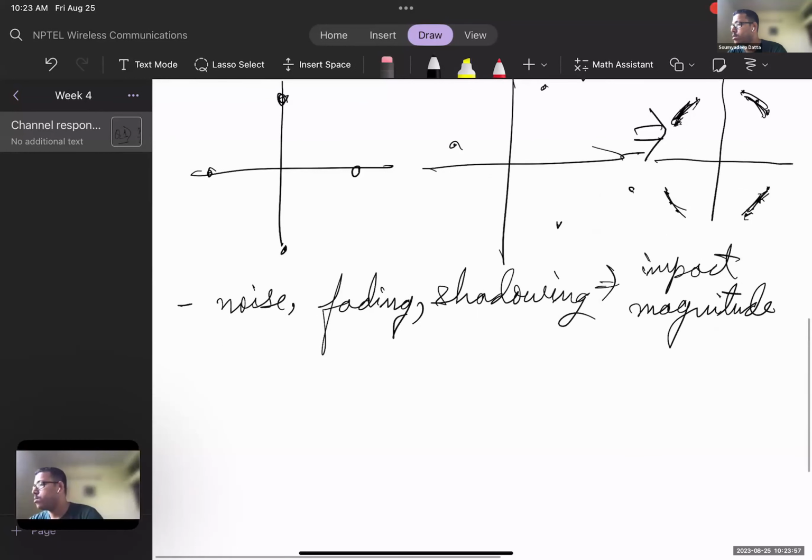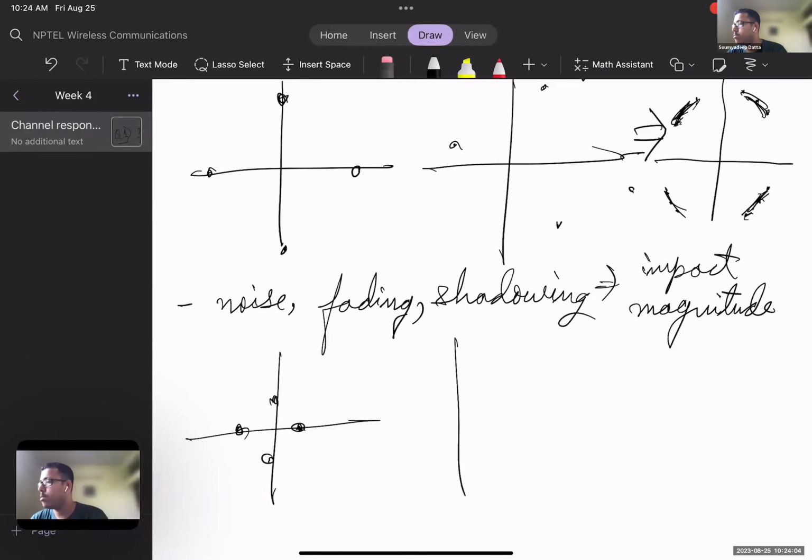In some cases, if there is a deep fade, you might get something like this, very small magnitude. Sometimes, in some extraordinary cases, you might even have some kind of gains, like correlated gains and things like that.